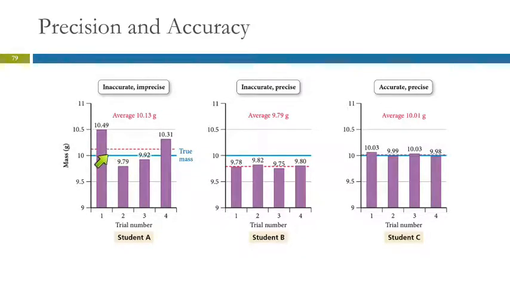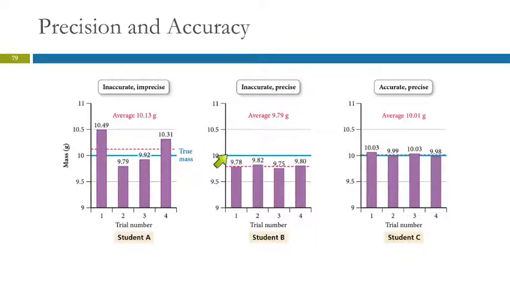So was this average close to the true mass? Not really. Average was 10.13, and it's really 10, so that's not so great. And then look at how much difference there is in the heights of those columns. There's a lot of difference, right? This is not accurate, it's inaccurate, and it's imprecise.